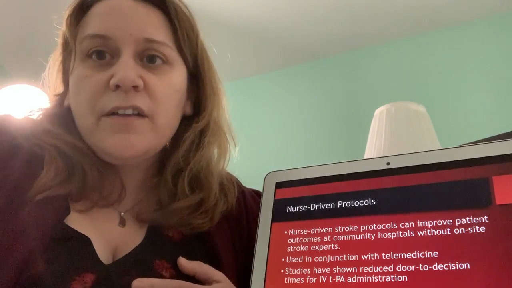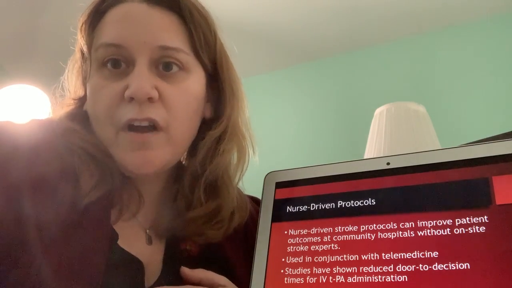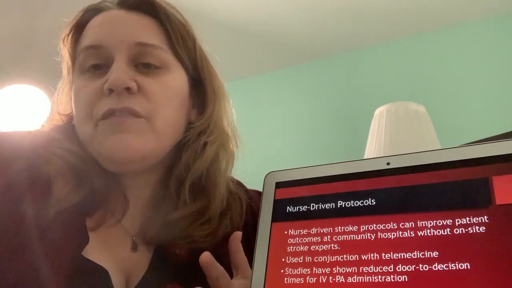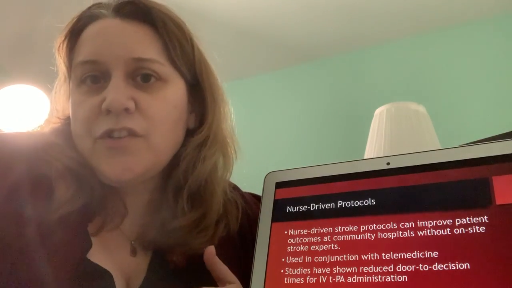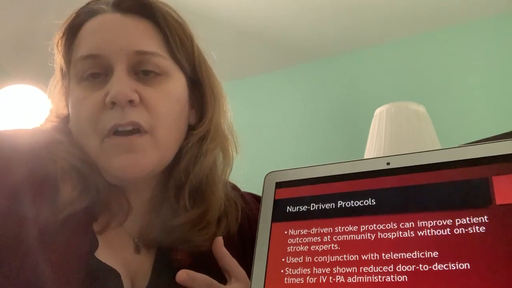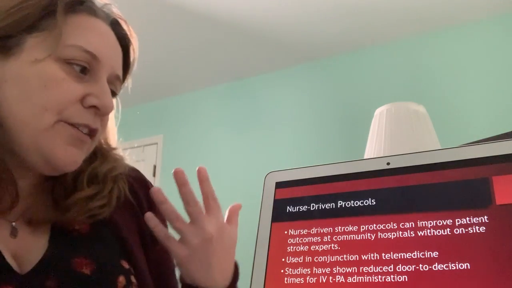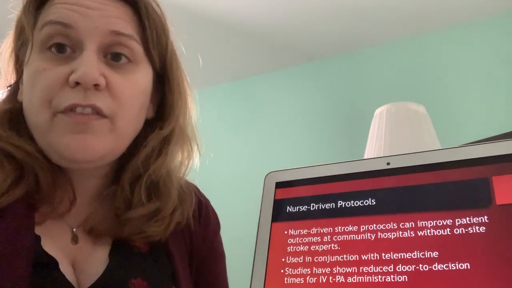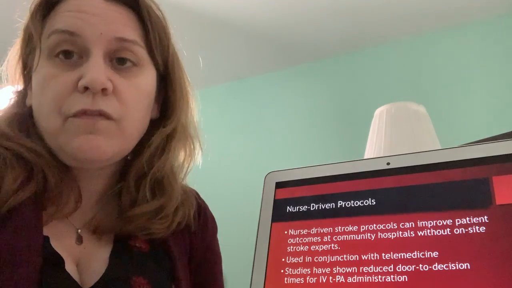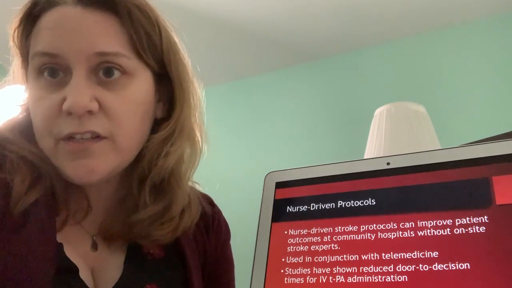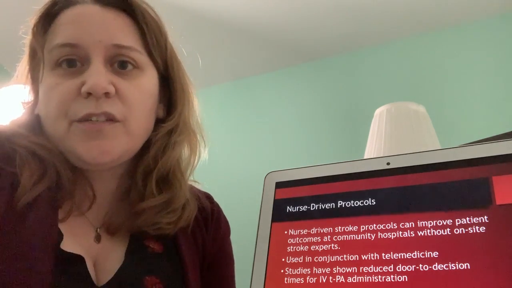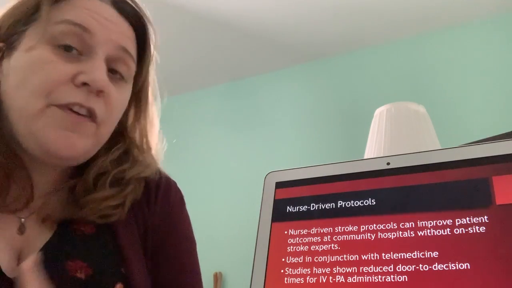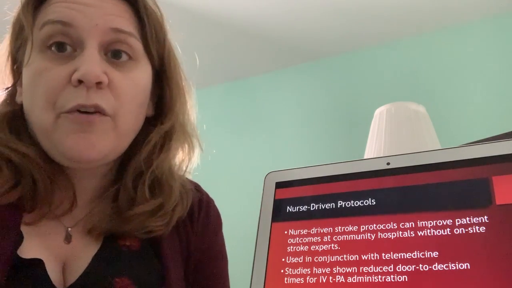Especially in smaller hospitals without dedicated stroke teams, there's an emerging field of research and application on nurse-driven protocols. That is where the nurse is the initiator of these institutional protocols for stroke patients, doing all those things that I just mentioned. And this is a field where SCRNs are invaluable.